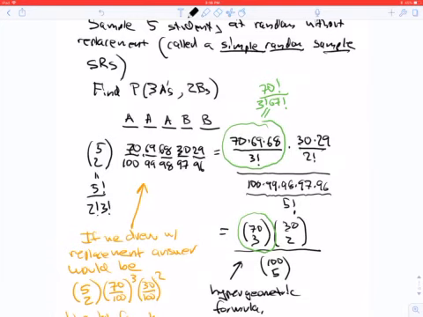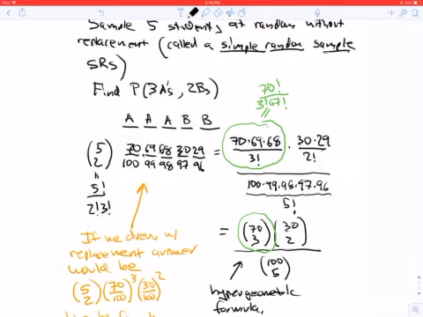I have A's followed by B's, let's say, and then the probability of that would be 70 over 100 times 69 over 99 and so on, just the multiplication rule here, where when I write 69 over 99, that's the conditional probability where I'm conditioning that the first student is an A. So now there's no need to assume that 3 A's are followed by the B's, so I need to multiply this by 5 choose 2, and that's your answer.